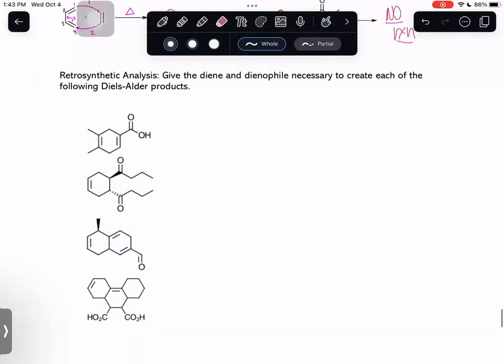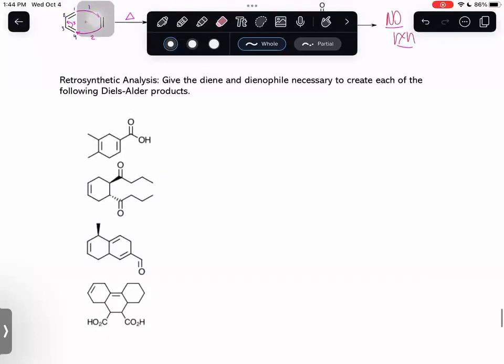Okay, now, let's change it a little bit. Let's see what happens with retrosynthesis. I was gonna do the first one, but go for it. The first one's dummy easy. It's a triple bond with two methyl groups. Retrosynthesis, whenever we go from products to reagents, we do the opposite.